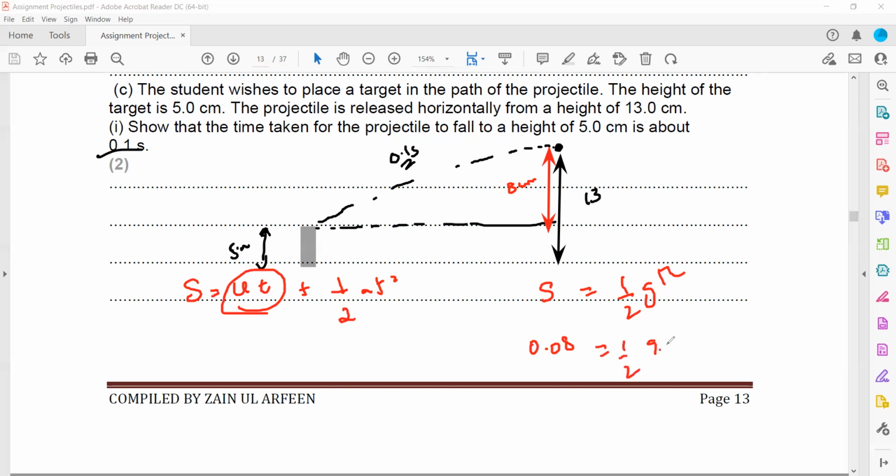Then half, acceleration due to gravity 9.81, and time squared. So t squared equals 0.08 multiplied by 2 divided by 9.81, and take the root. What is the answer? 0.08 times 2 divided by 9.81, in a root.